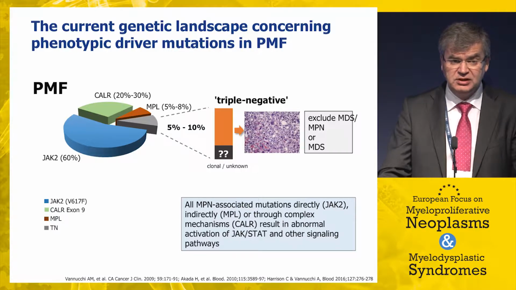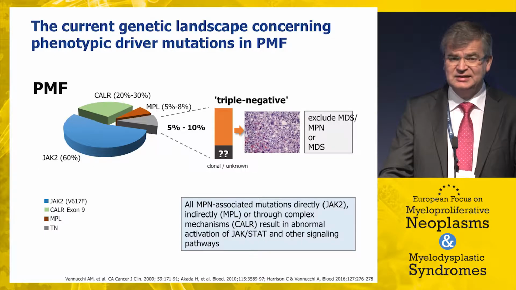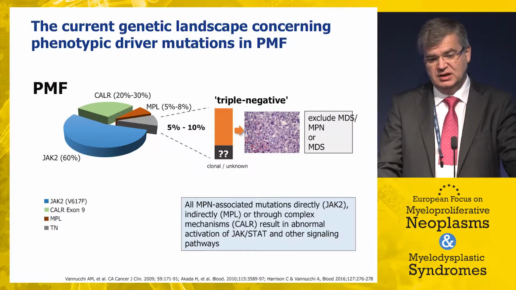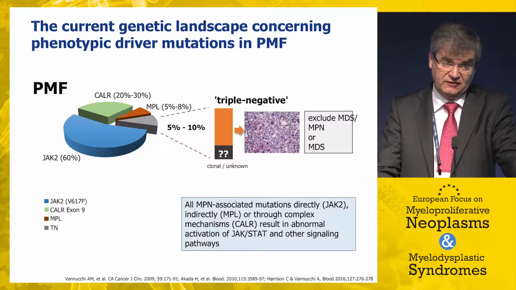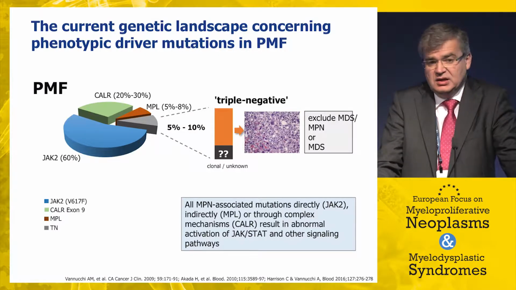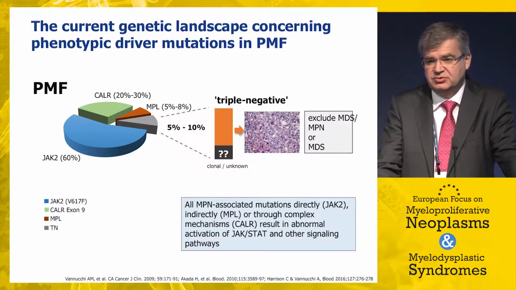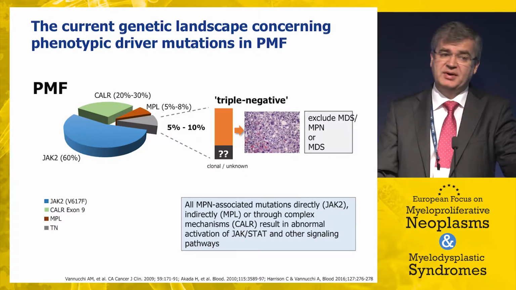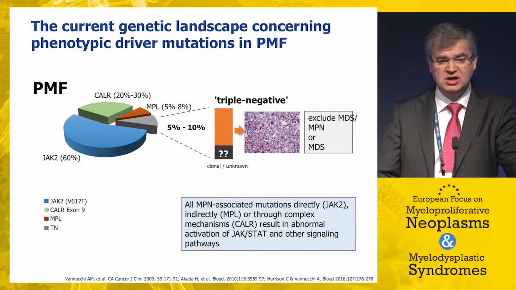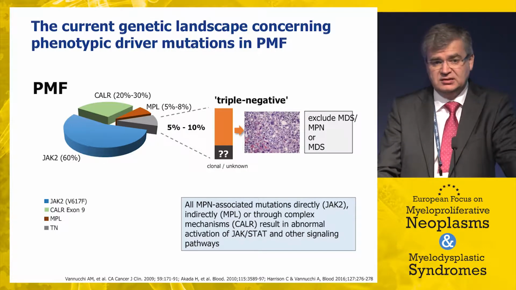And in our experience, the frequency of real triple negative PMF cases is really low. It's far below 5%. And actually, I think that our methods to detect the phenotypic driver mutations are not sensitive enough, or perhaps there are unknown mutations in these cases, which you do not catch with our standard assay.